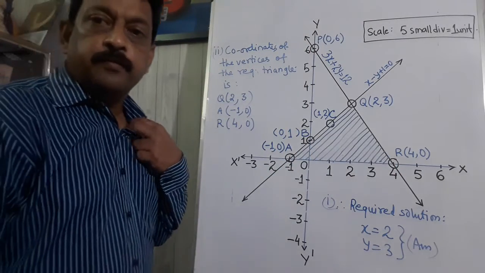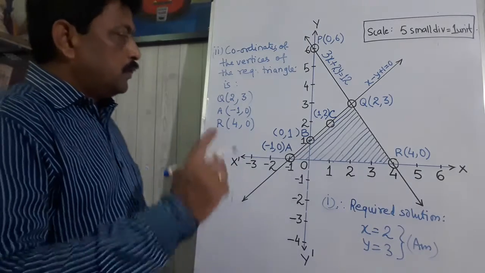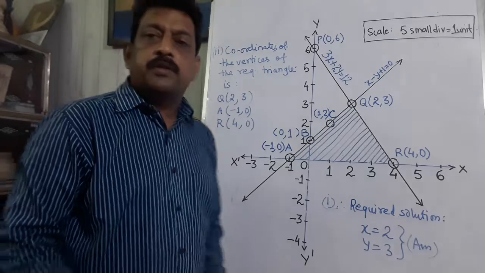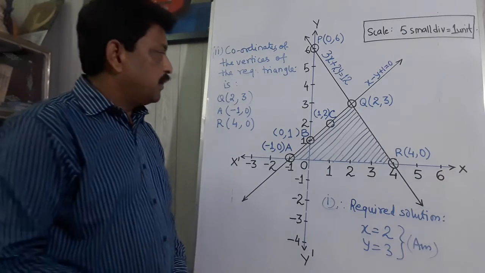So this is the triangle formed and the triangle is shaded. Now the whole question is answered. There were 3 part questions in this question.